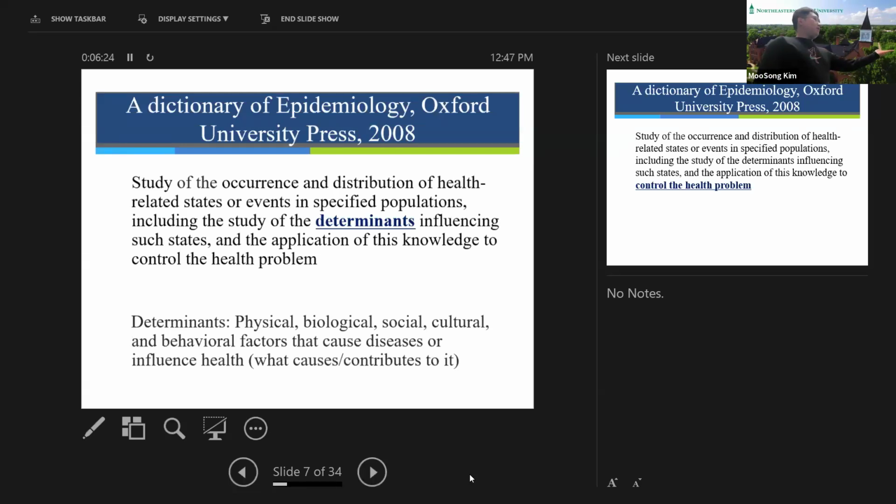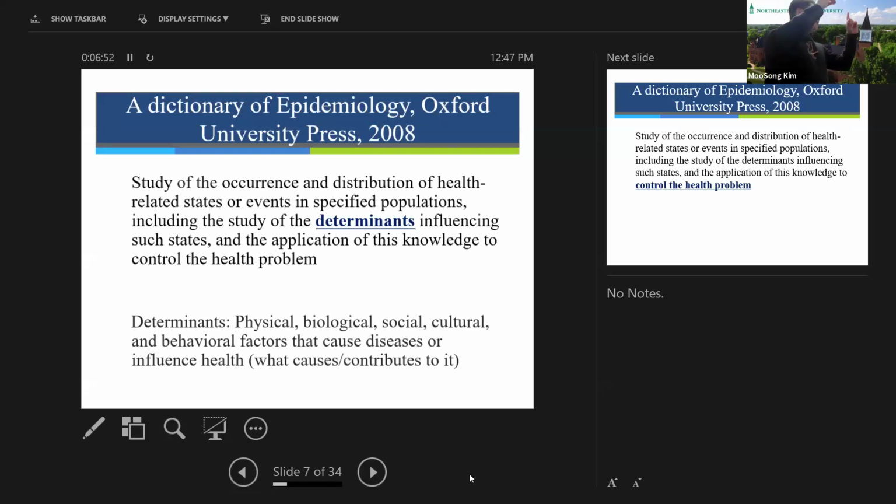Obesity. Obesity is a physical factor, yes. And what else? Genetic, yes. What else? Smoking, what is this? Behavioral factors, yes.